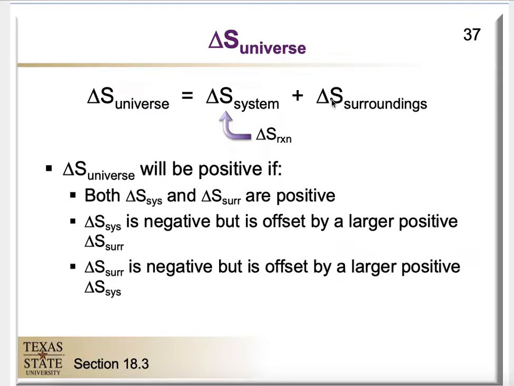Alternatively, if the change in the entropy of the surroundings is negative, meaning we cause an increase in the order of the surroundings, then it has to be a really large delta S for the system, a really huge increase in the disorder of the system, in order to make it a spontaneous process where the delta S of the universe is greater than zero.